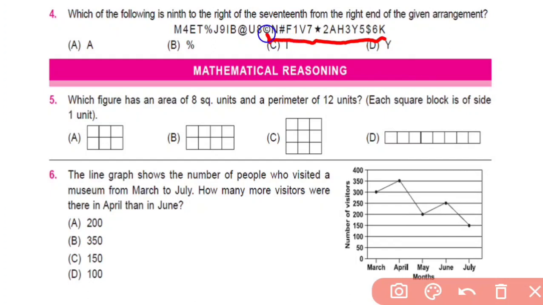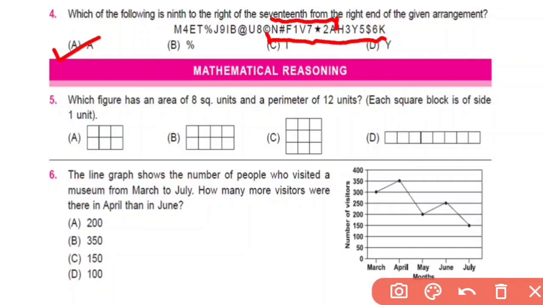This is the 17th number. And the 9th to the right is A. A is 9 to the right of the 17th. So option A is correct.